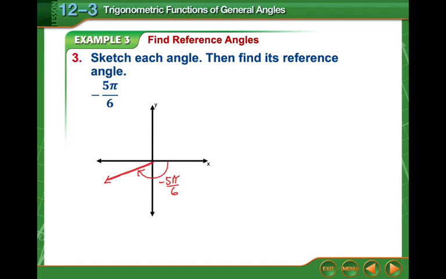Now we need to find the reference angle. Since it is in quadrant 3, we're going to subtract 180 from this, or in this case, pi. So negative 5 pi over 6 minus pi. All right, so actually I take that back. Because we are going the other direction, we have to do things a little bit differently.